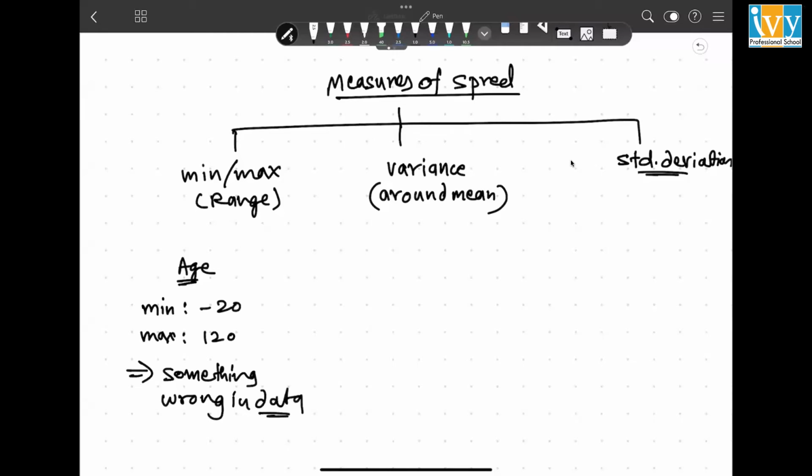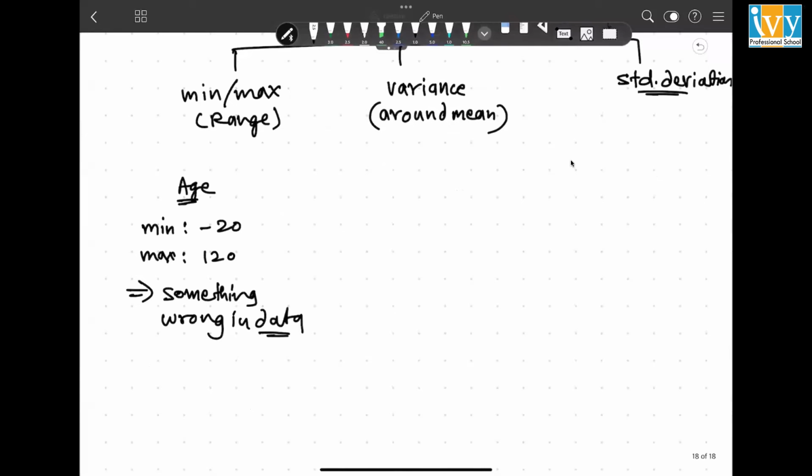Just by looking at the age column. Age cannot be negative, right? So by looking at the range of a particular column, you understand whether the data is sensible or not, or whether there is any issue in terms of reading the data.